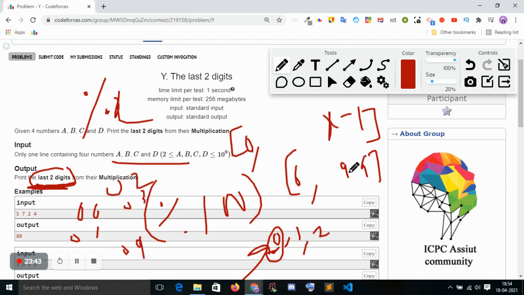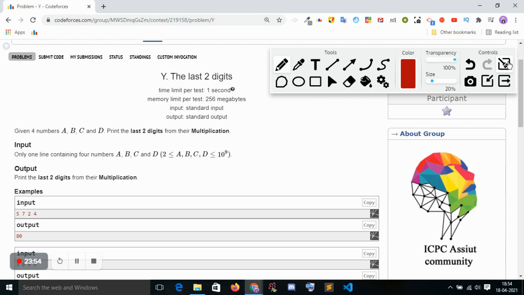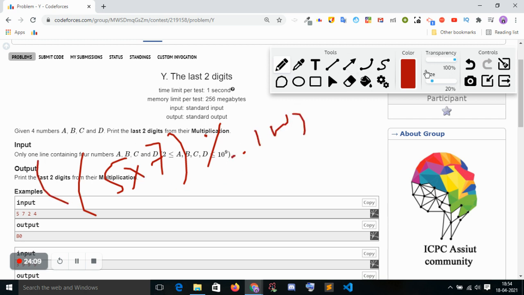Whenever you get a two-digit remainder, we print it just like that. And what is the logic? The logic is to multiply the numbers and do a modulus of 100.